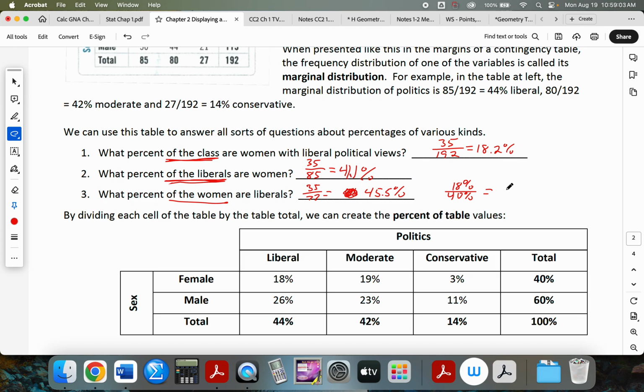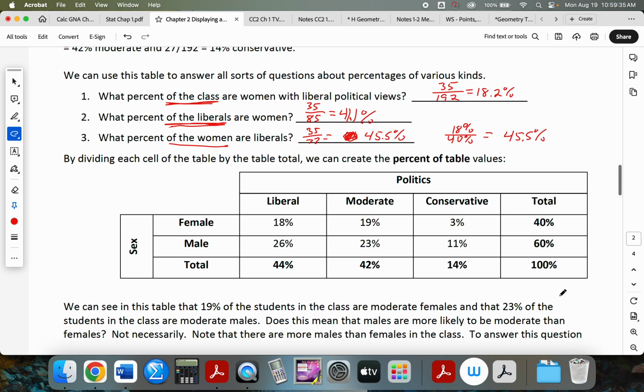That also comes out to be 45.5%, because we have taken every one of those numbers and divided it by 192. So those 192s would actually cancel if you left them in there. So sometimes people prefer these tables rather than the raw numbers, especially if the numbers are really large.